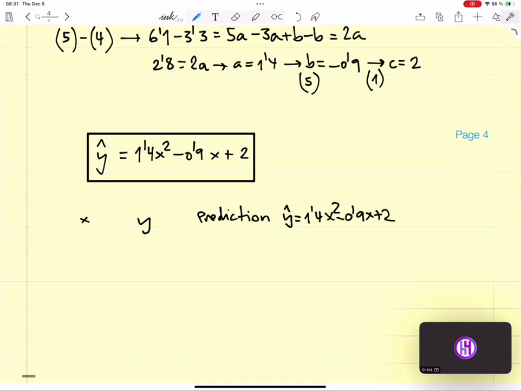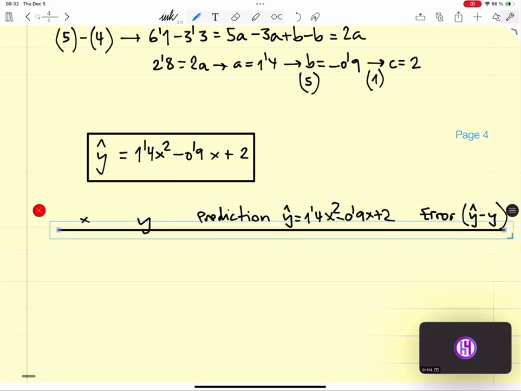And then the error, which is going to be y hat minus y. Okay, so that's how we look at it. And let's see what things deliver.